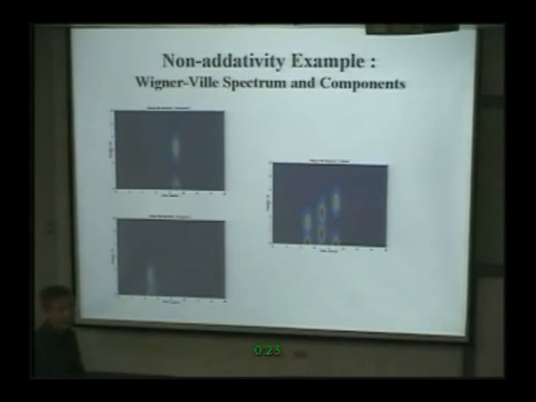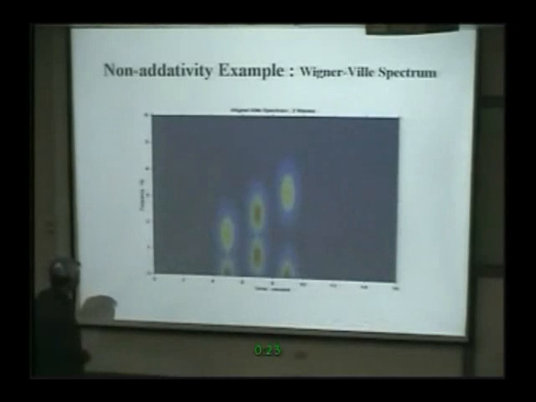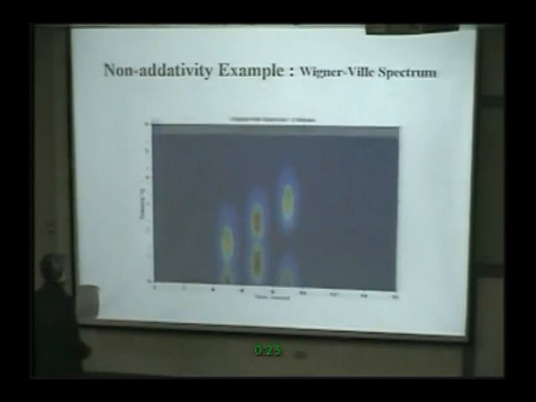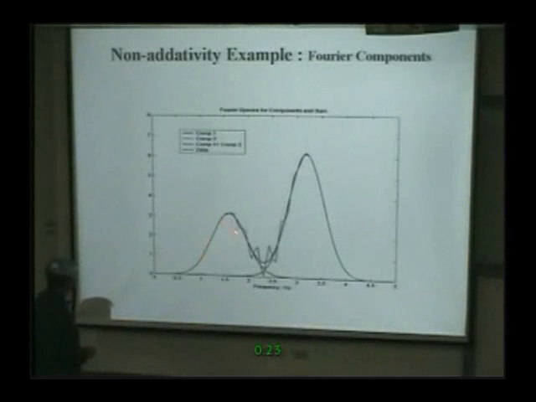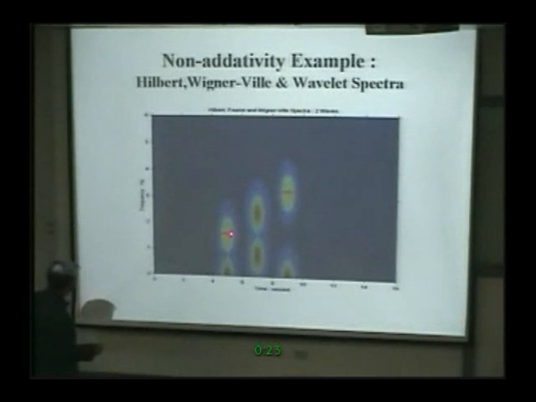And that is, I think, definitely a shortcoming of Wigner-Ville. And if you measure the spectrum, you find component 1 is here, component 2 is here, component 1 plus 2, it's not exactly separable.